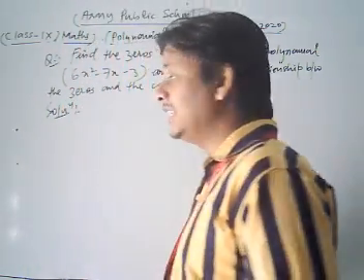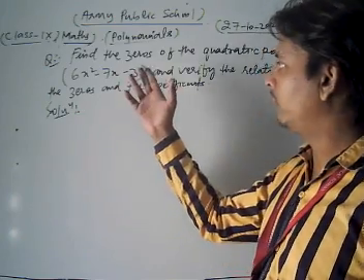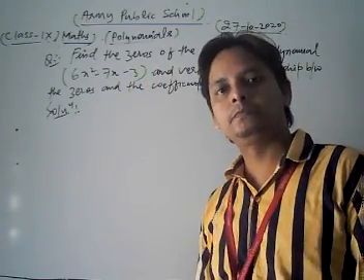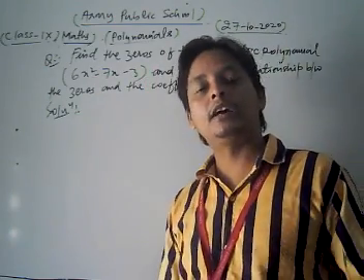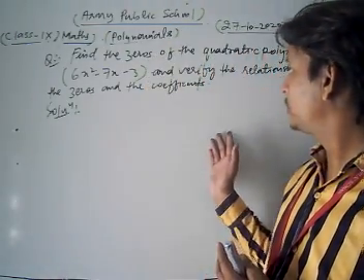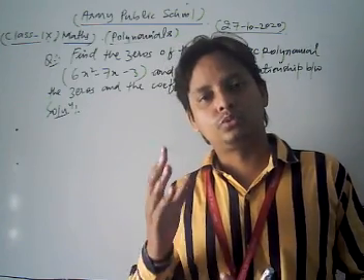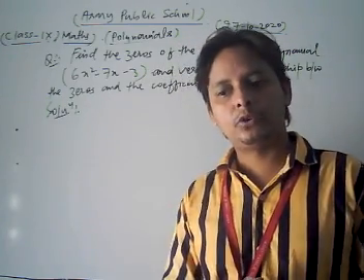Dear students, in this question, first of all, we find the zeros of the given polynomial. Then after that, we also have to verify the relationship between zeros and its coefficients. So first of all, we write the given polynomial and simplify.